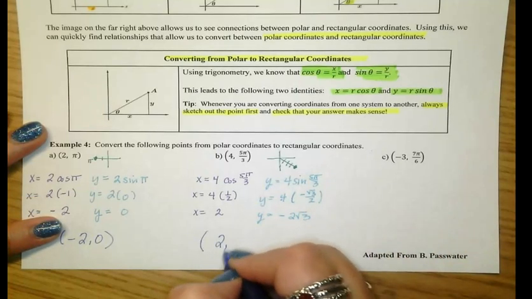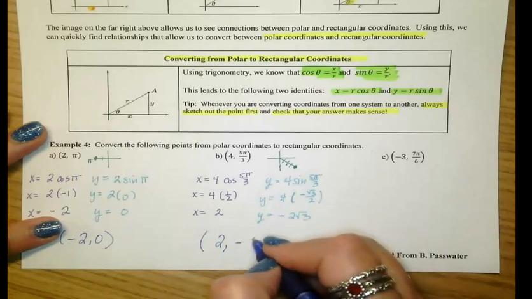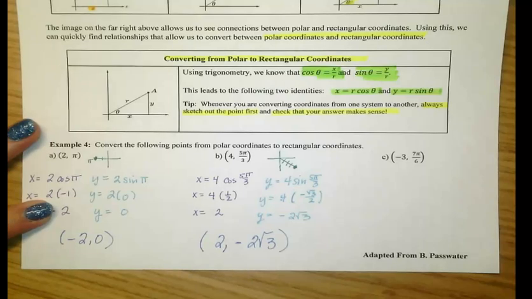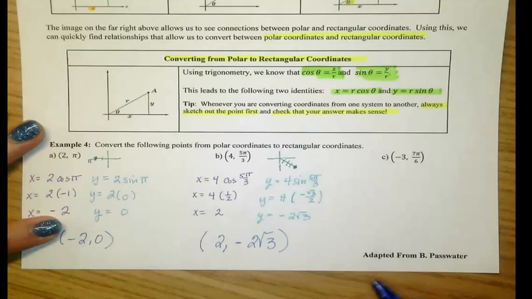So we have our coordinate point that we just found, which is (2, -2√3). Well, does that make sense? What is root 3? Root 3 is a little bit bigger than 1.5. So if I'm multiplying 1.5 by 2, that's roughly about 3.46.